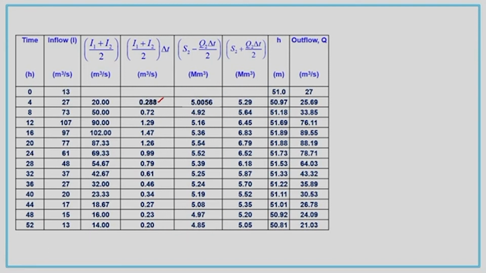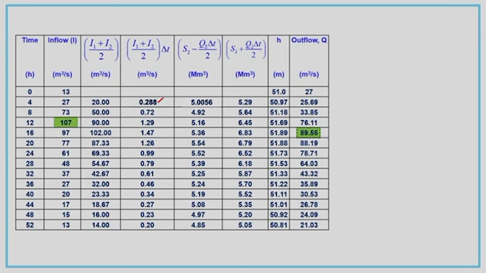So, we can look into the table again. We have the maximum value, peak of the outflow hydrograph, at 89.55 meter cube per second, and when you look at the inflow value, it is 107 meter cube per second. So, 107 meter cube per second is occurring at time t is equal to 12 hours and 89.55 meter cube per second is occurring at time t is equal to 16 hours.